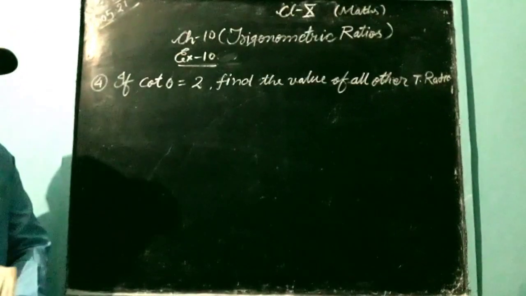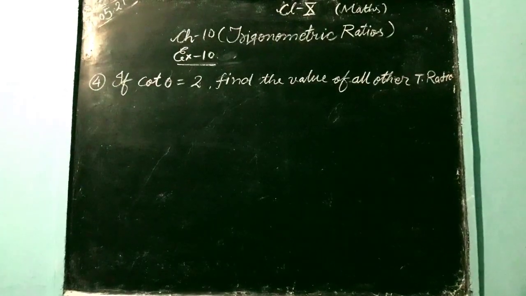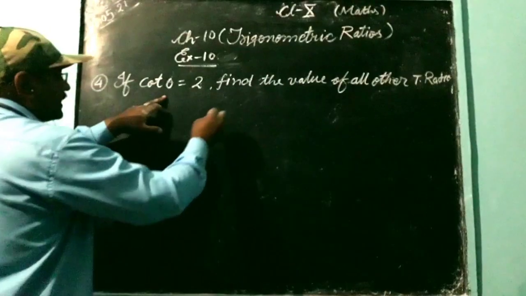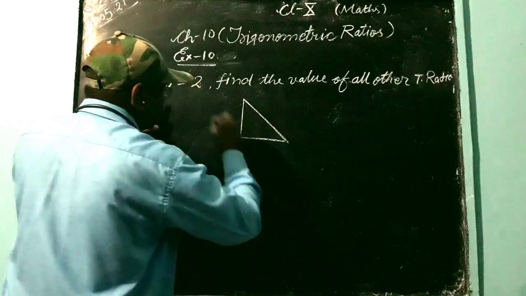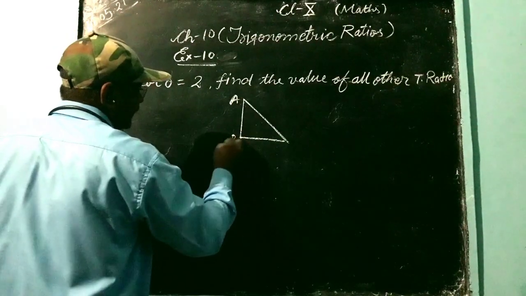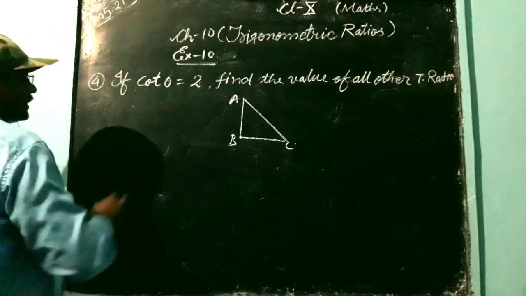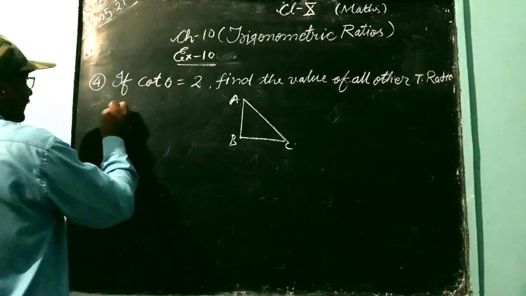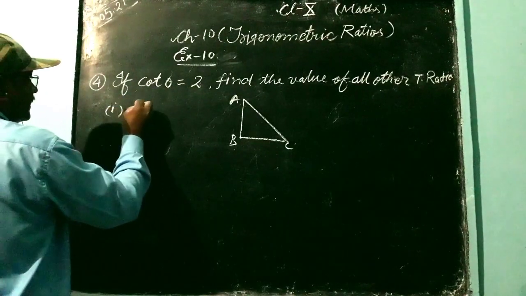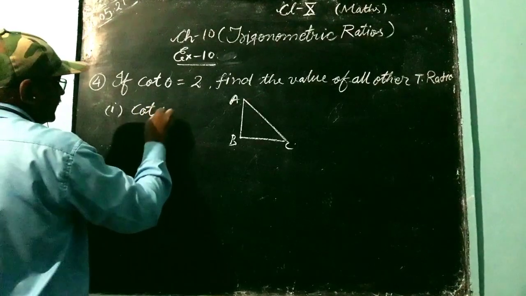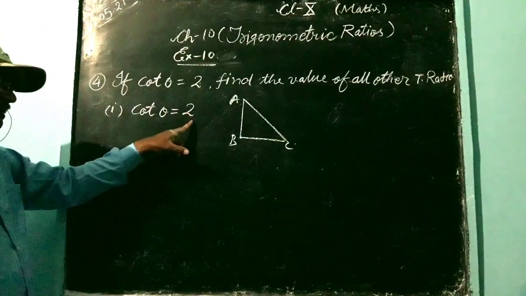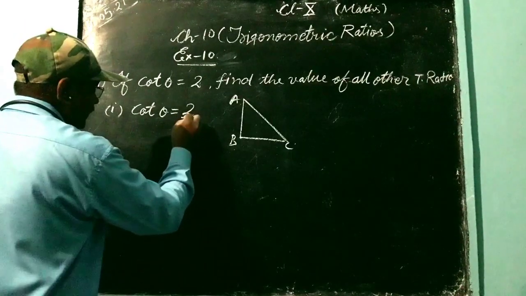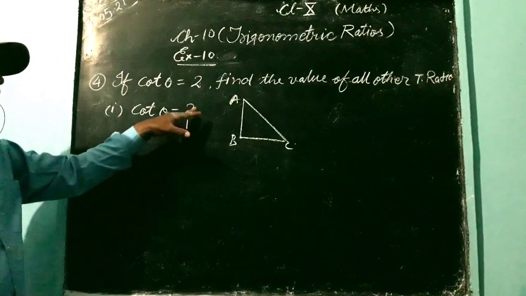So how will you find them? First of all, make the right angle triangle ABC. Clear? Here cot theta is equal to 2 is given. 2 means 2 upon 1, because dividing by 1 does not change the value.